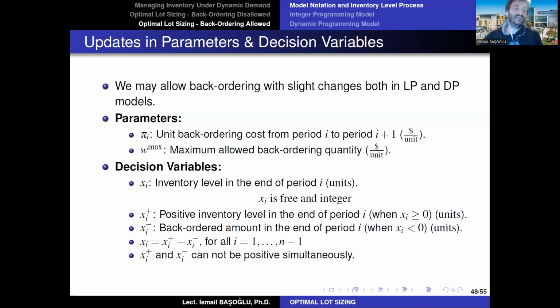W max is the maximum allowed backordering quantity, so the absolute value of a negative ending inventory level can never exceed it. This is just for simplification. Actually, you can allow W max to be infinity, which means you can backorder any quantity that you want.